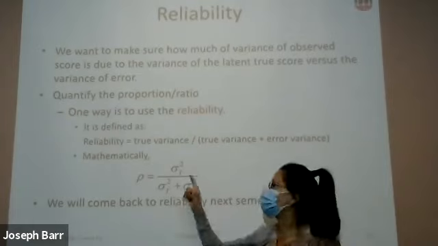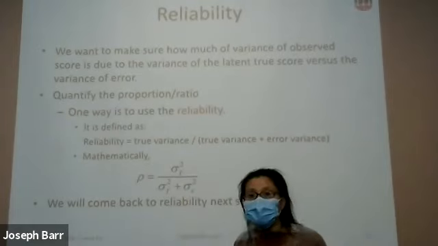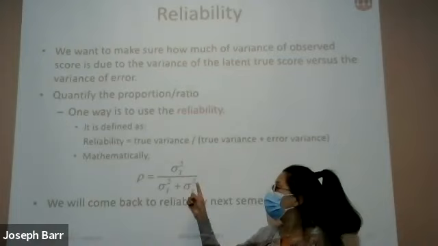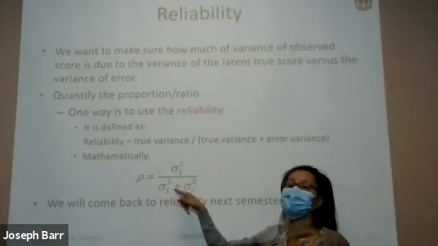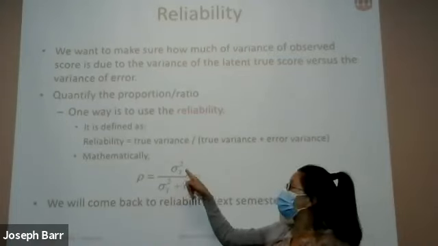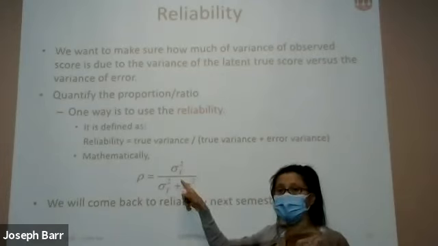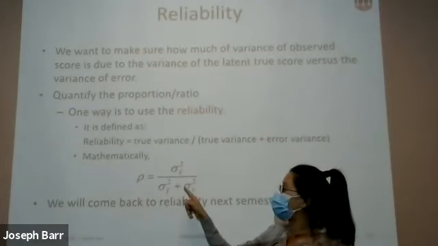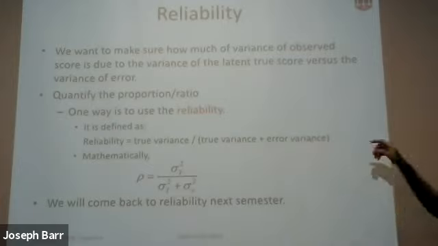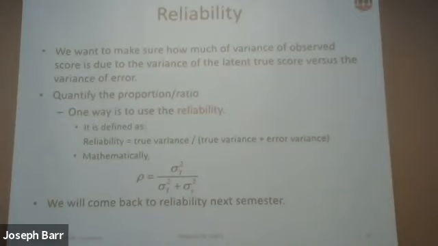So the sum is just the variance of the observed variable y, sigma squared for y. This is sigma squared for the true value. We're trying to figure out these reliabilities. This tells us how much of the variance of the observed score is due to the variance of the true score. That's just a definition.